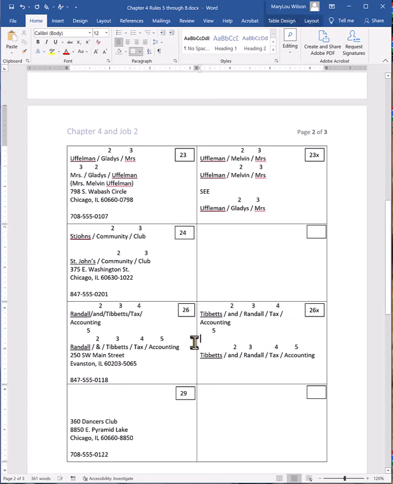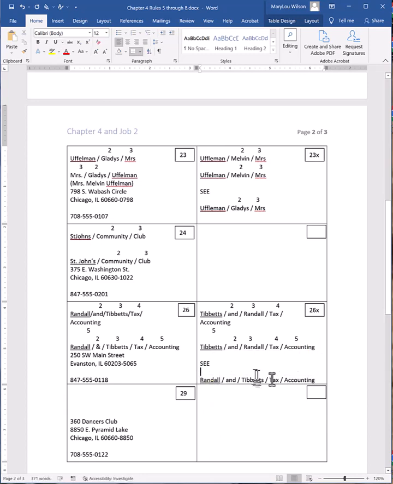Now, again, the reason we did this is because we want to get that Tibbetts in here as a key unit. But now that's not where the information is kept. So we're going to do a cross-reference, and we're going to write Randall and Tibbetts to make sure that folks go to where all of their information is kept.